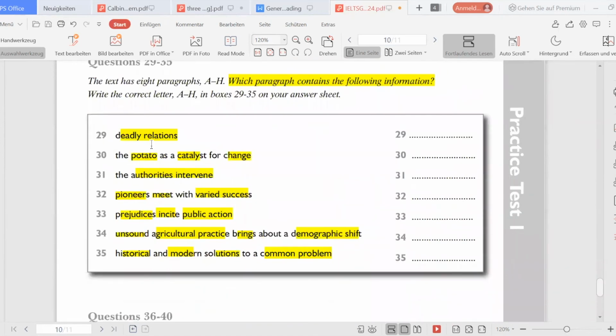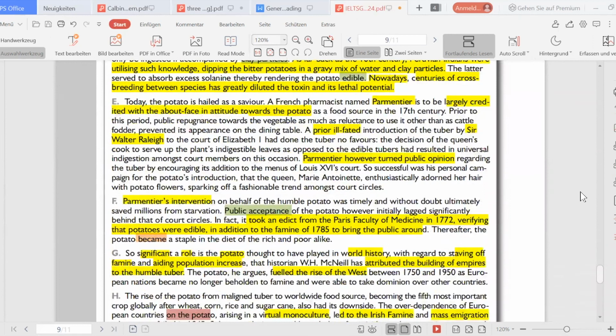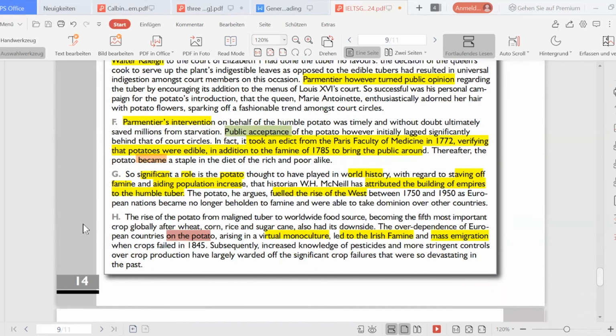30, the potato as a catalyst for change. Potato, catalyst, and then change. When you go to the letter G, you will see that the word potato comes quite a number of times. So the key word here is catalyst for change. Okay, so you wouldn't see exactly the same words, but an interpretation.